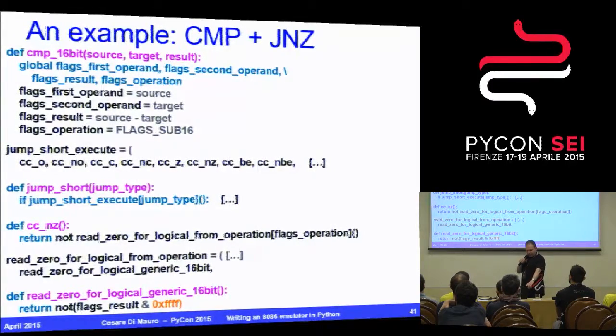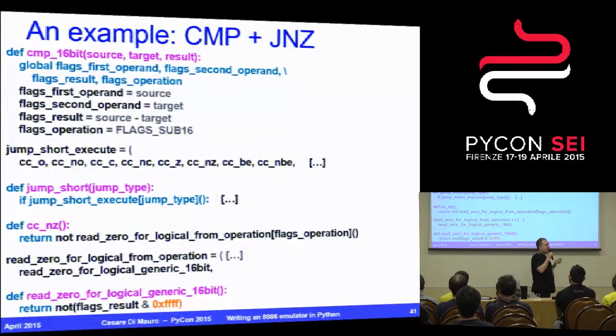If you take a look at the compare, for example, the compare operation does very, very simple stuff. Just store the operands, calculate the comparison, which is basically a subtraction of the arguments, and then store the operation made, which is a subtraction. That's all. It's very simple and fast.